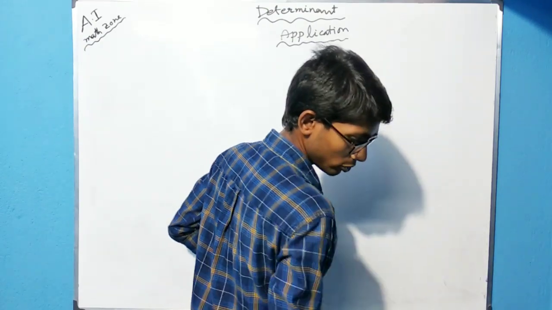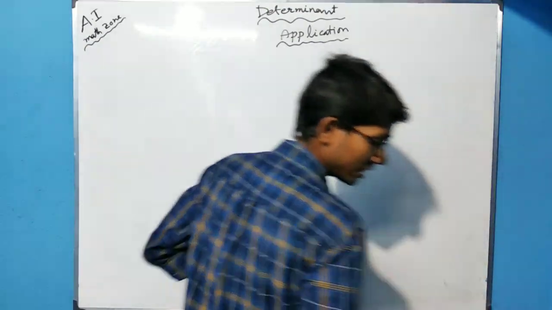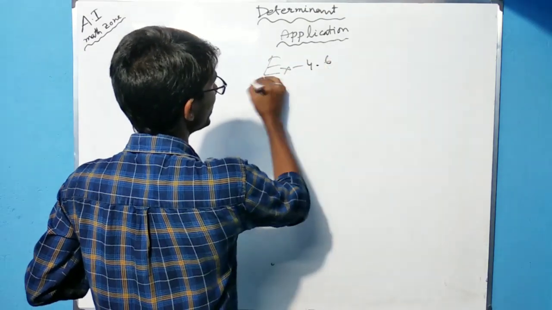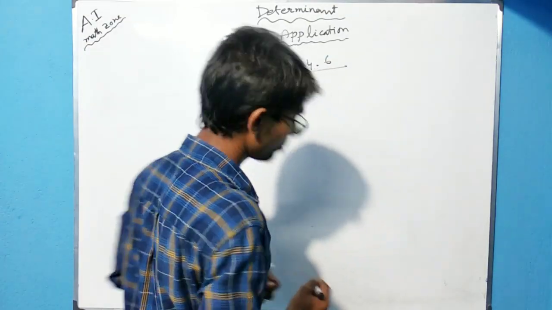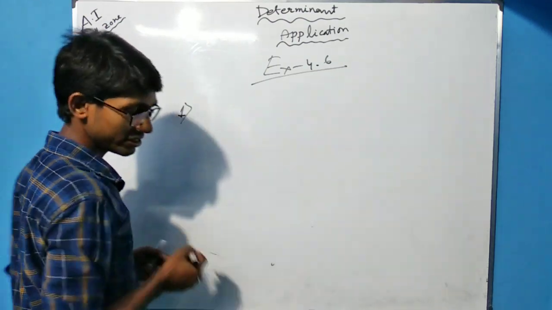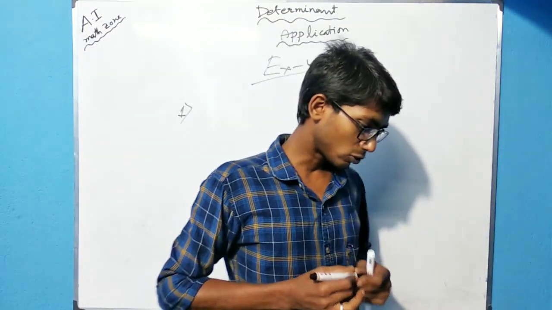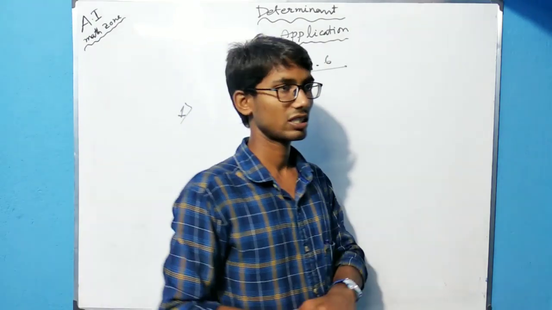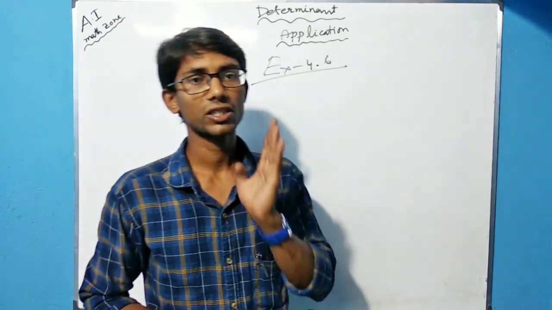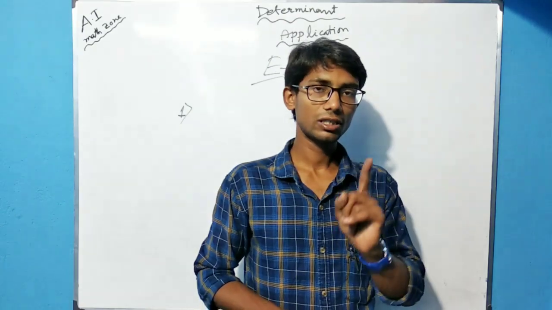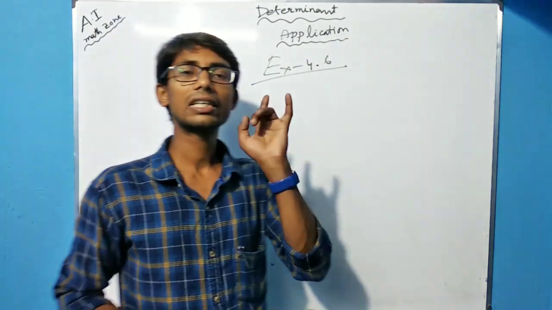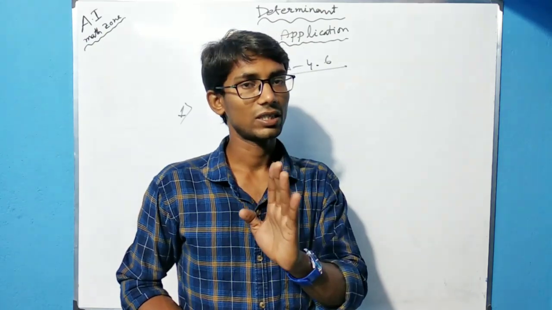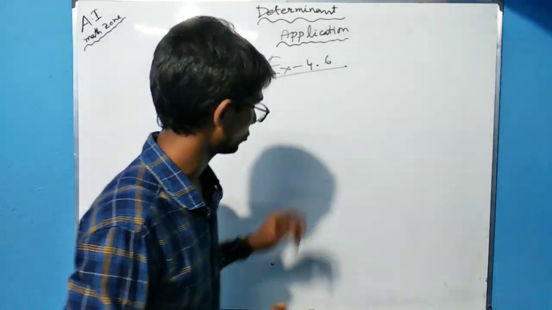Okay, so let's do that. Exercise 4.6 and question number 1. What does it say? Examine the consistency of the system of equations in exercises 1 to 6. तुम्हारे NCERT बुक में जो exercise 4.6 है उसी में क्वेश्चन नंबर 1 से लेकर 6 तक कंसिस्टेंसी तुमको चेक करना पड़ता है. और यहाँ पर जो फर्स्ट क्वेश्चन है उसको हम सॉल्व करते हैं.